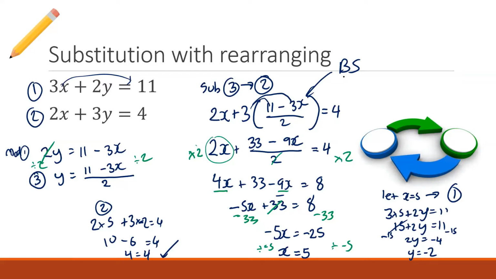Yes. Could you do this? Yes, if you wanted to. But this is one of the reasons why, at the very end of this lesson, I usually spend time talking about which method you should use. Yes, you could use substitution for solving these problems, but that would not be the optimal solution. That would not be the best idea to use.